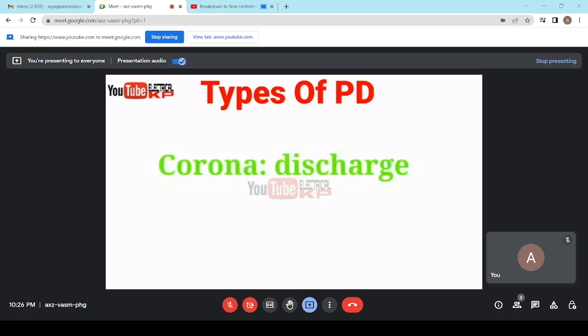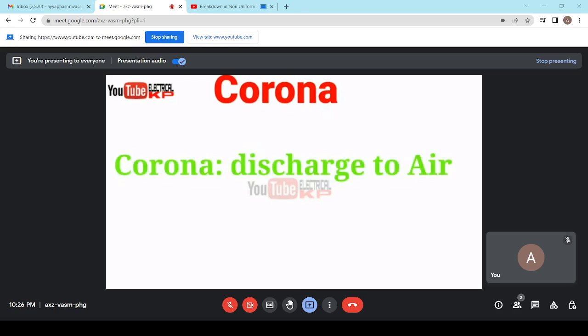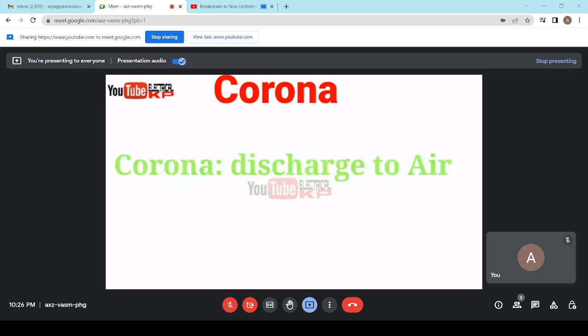Corona is nothing but a discharge to air. As we know, free electrons are always present in the air due to cosmic rays, ultraviolet radiation, etc. When we apply a potential difference to two conductors, a potential gradient or electrical field is set up, and the potential gradient is maximum at the surface of the conductor.